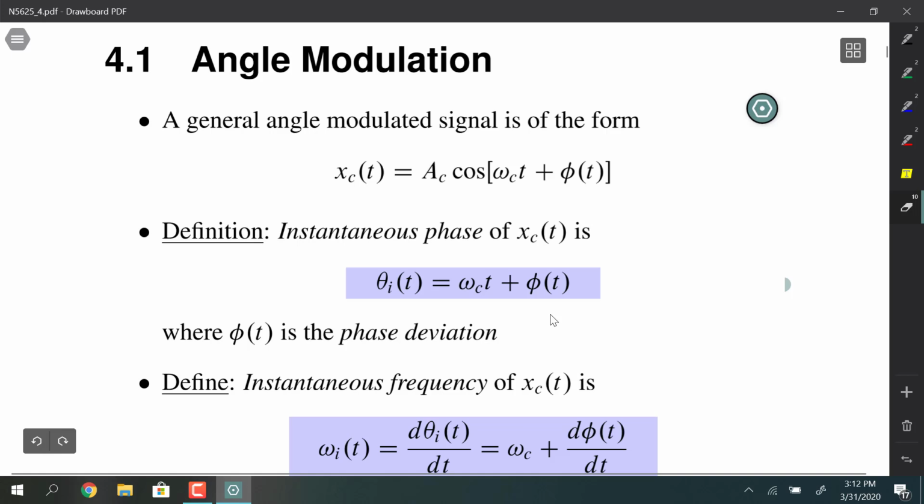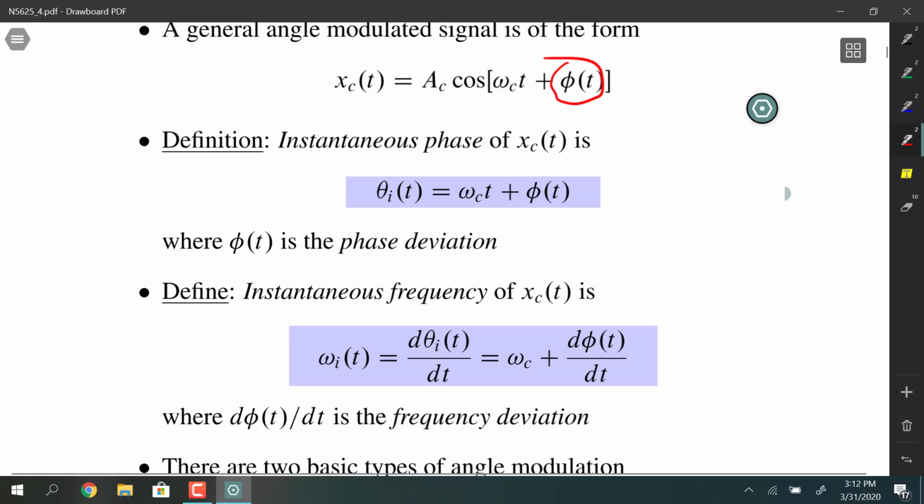Getting back to where we had reviewed through on that last lecture before the break started, we were looking at the introduction to angle modulation. Angle modulation puts all the information into the argument of the carrier, so everything is housed right up in this area. Some fundamental definitions: what is the instantaneous phase of the carrier?